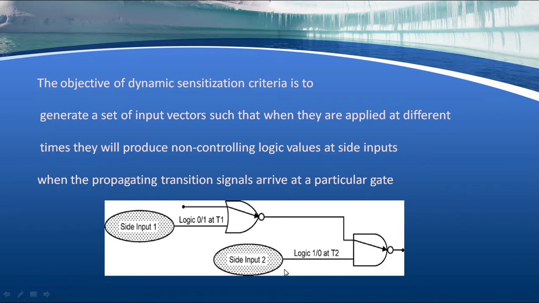So at time t1 they have logic 0 and the side input has logic 1 at time t2. So the objective is to generate a set of inputs such that when they are applied at different times, they will produce non-controlling logic value at side input in the particular gate.